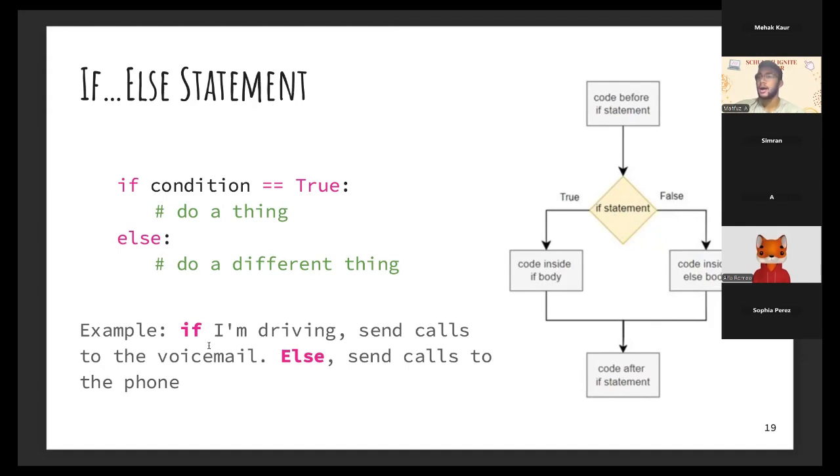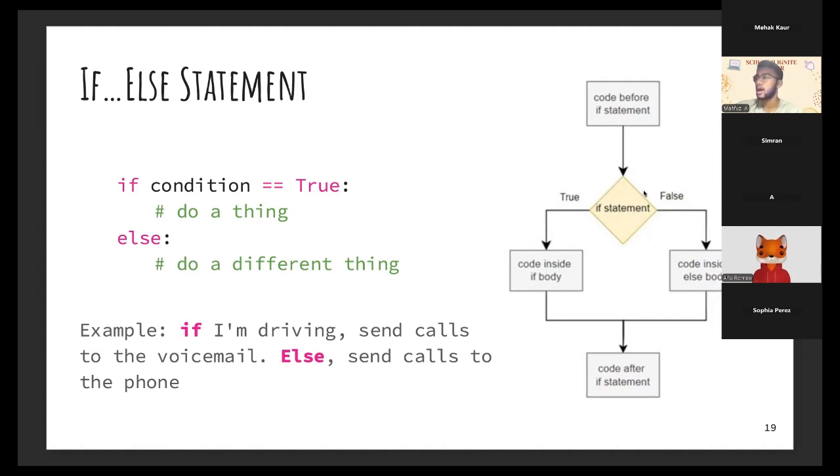So here we have an example: if I'm driving, send calls to voicemail, else send calls to the phone. If I'm driving, we get to the if statement and send calls to voicemail, which is the code inside the body.